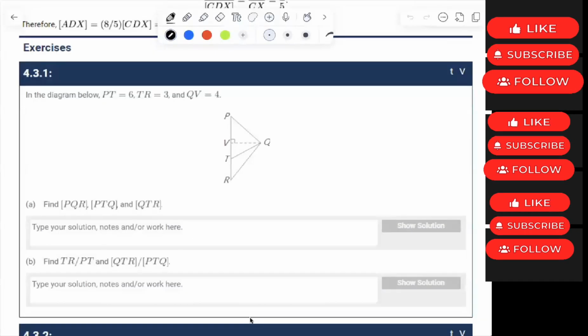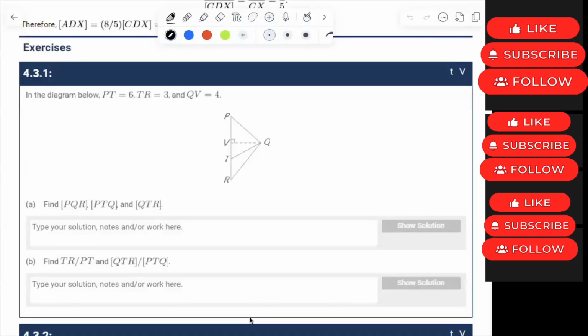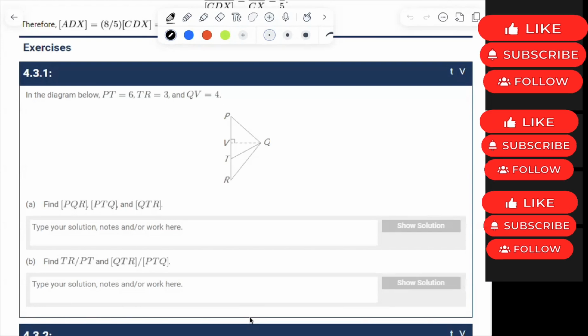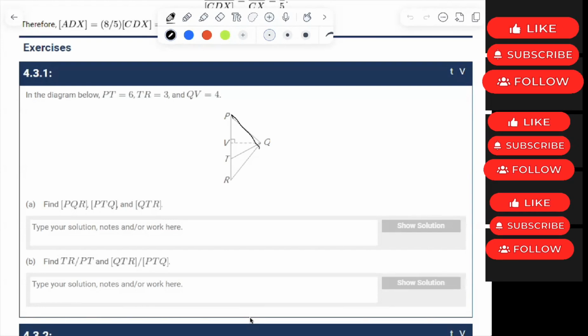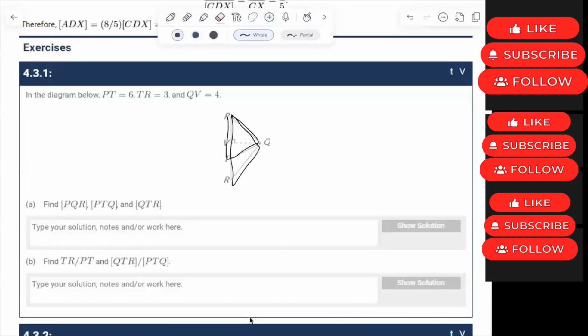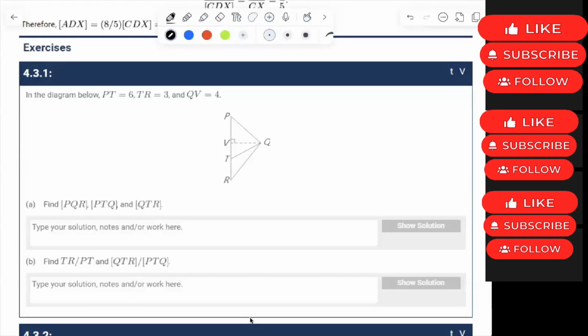All right, let's get started with this question now. So basically, how would we approach this? Well, note that PQR, PTQ, and QTR all have the same heights. So all that matters is the base.